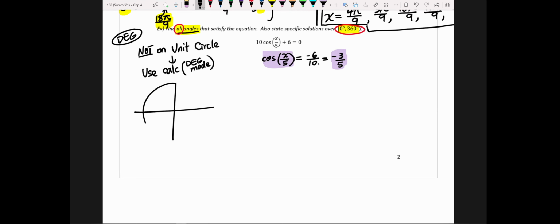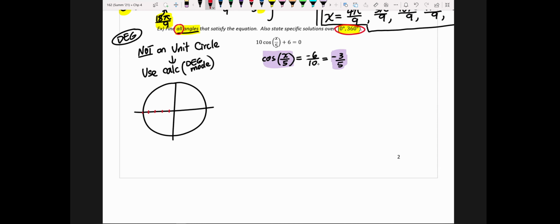Okay, and then we'll draw our circle off to the side here. We're solving for x over 5. Cosine is the x coordinate on the unit circle. So x is here. This is -1/5, -2/5, -3/5, -4/5. Let me make it a little more evenly spaced out.